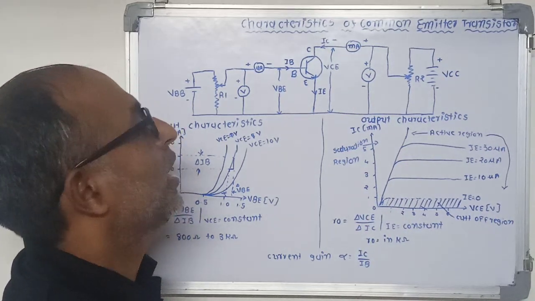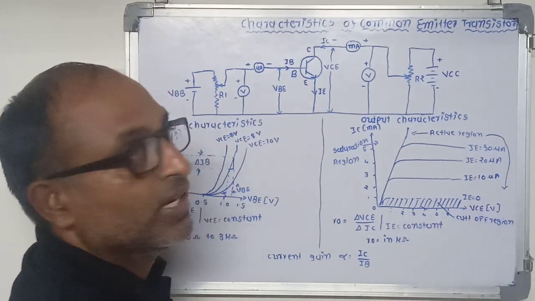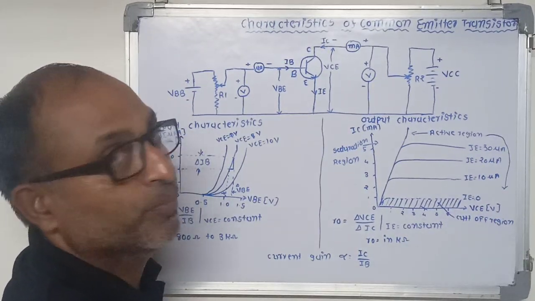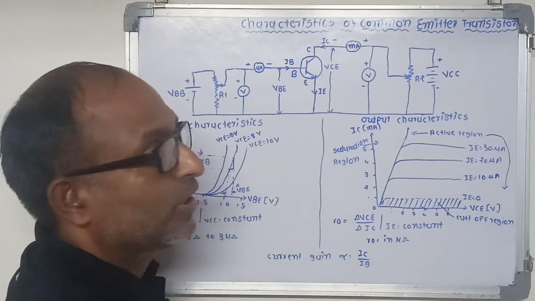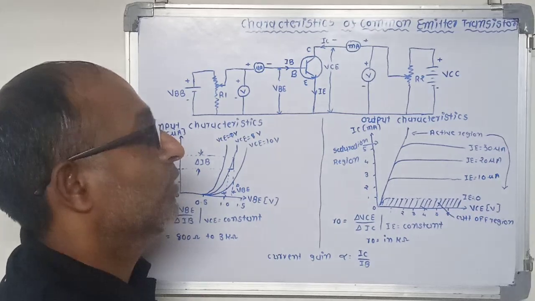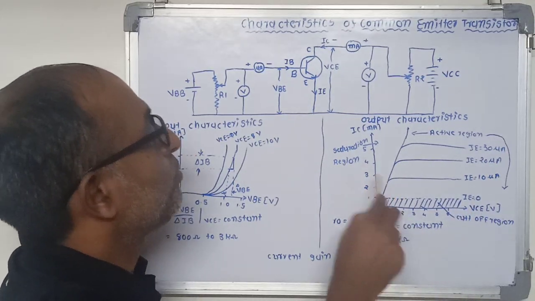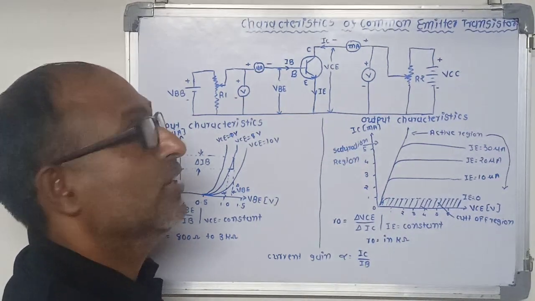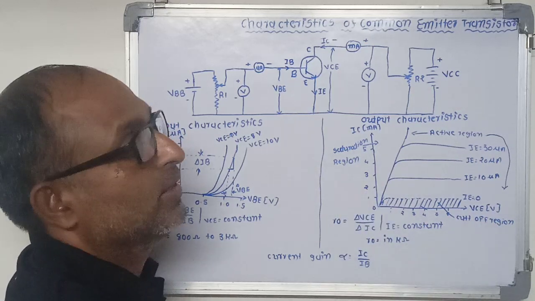To determine the output characteristics, the emitter current is kept constant at zero value, and then the collector emitter voltage is increased from 0 to different voltage levels. For the different voltage levels of VCE, the corresponding collector current is noted or recorded. A curve is then drawn between VCE and IC.